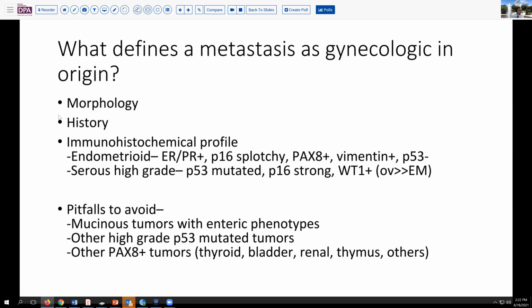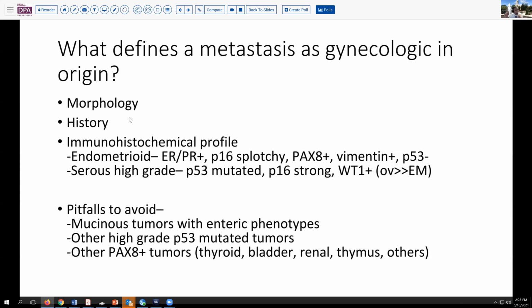The history can oftentimes be useful, although in this situation of 17 years previously, there aren't very many tumors that recur of that sort, and we don't have any evidence that her hysterectomy was done for malignant disease.